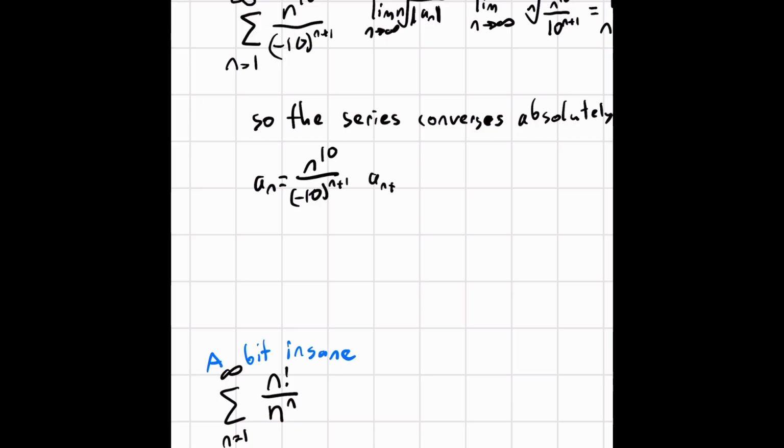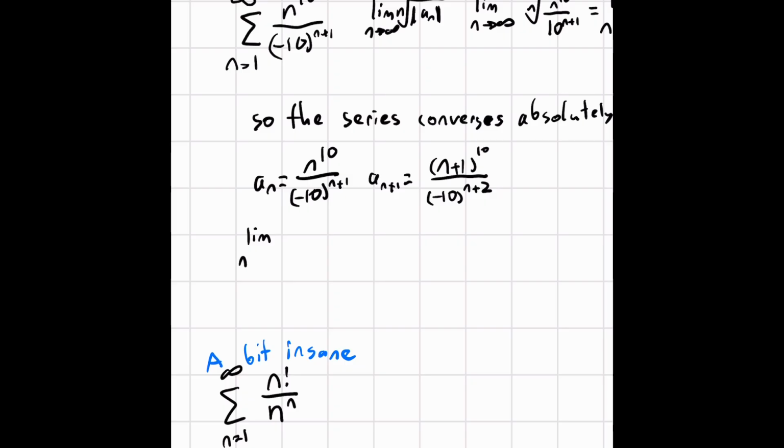What is the n plus 1 term? n plus 1 to the 10th over negative 10 to the... Now plugging in n plus 1 there, n plus 1 plugged into n plus 1, that's going to look like n plus 2.